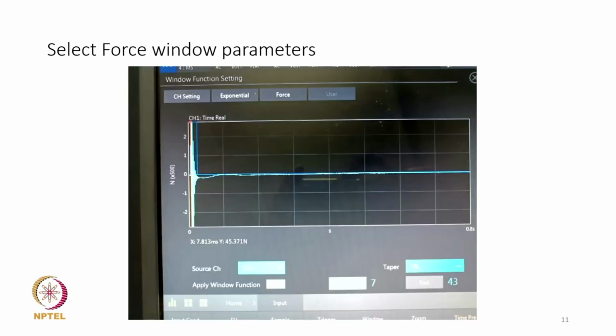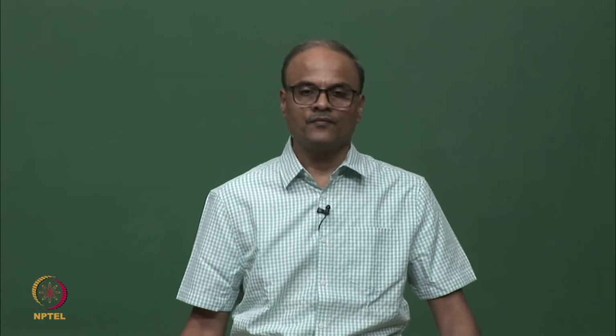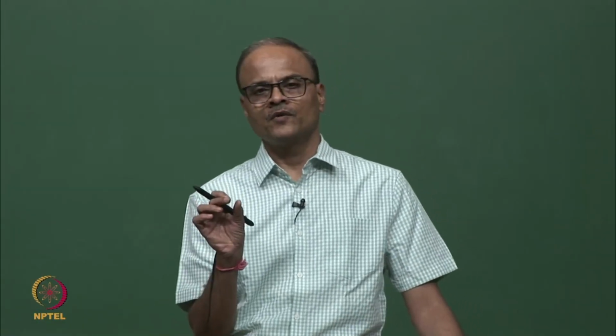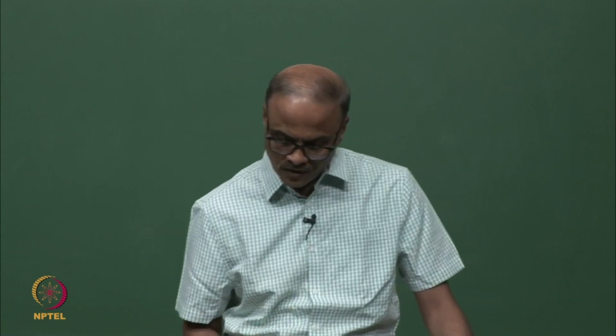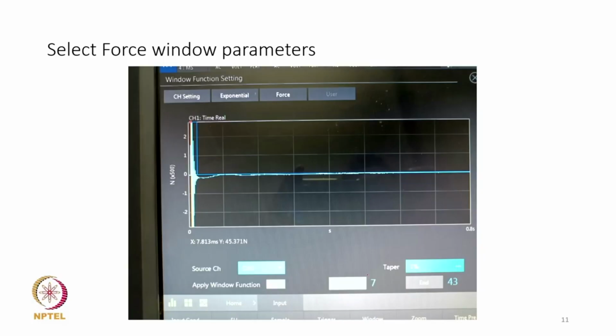Now we need to decide the parameters of the force window, right: what is the width of the window, when does it start, when does it end. You can see here, this is the start of the window, and we have said that at 7 samples it starts, and then this is the end point, and at 43 samples it ends.